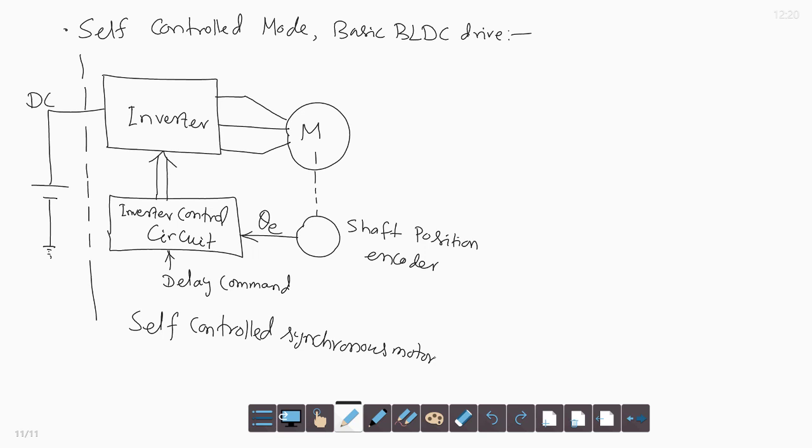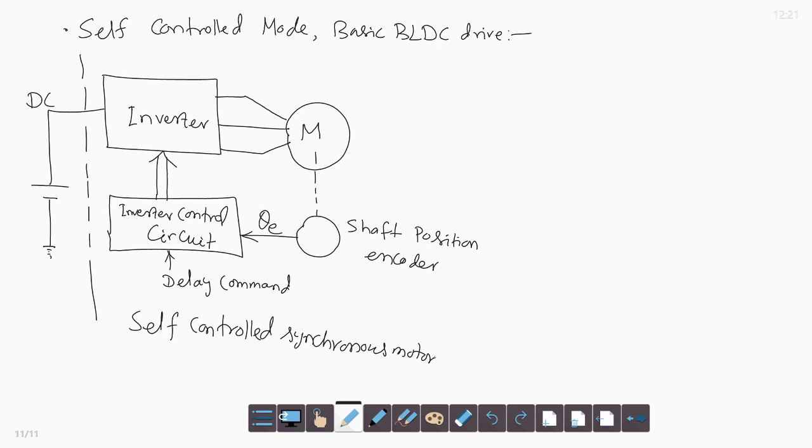So, there is no fear of pull out of the rotor or losing synchronism, and no hunting will be present, because the rotor and the stator MMF always run in synchronism. So, there will be no hunting oscillation and no fear of instability. The supply frequency to the motor corresponds to the rotor speed, so rotor and stator MMF always rotate in synchronism. This is the self control mode or the self synchronous mode.